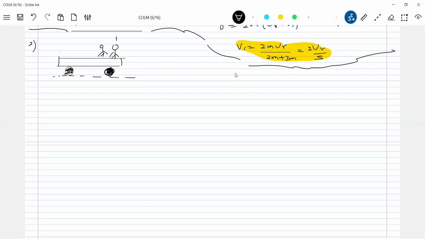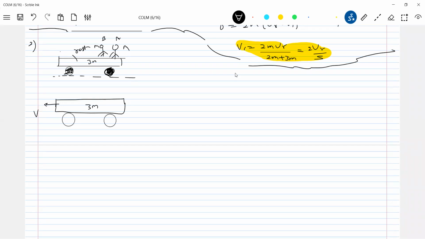Initially, both the persons A and B are at rest. So first person A is going to jump now. Mass of 3m, this is 3m. Let the velocity acquired by the trolley be, V1 we took it, no?